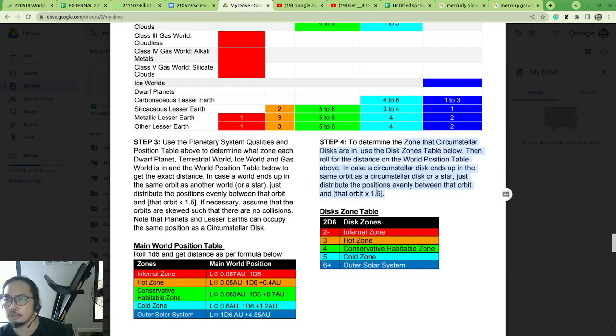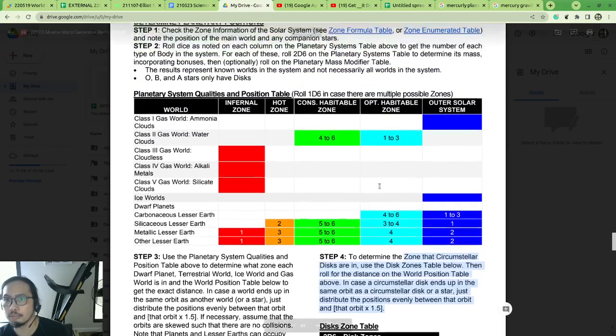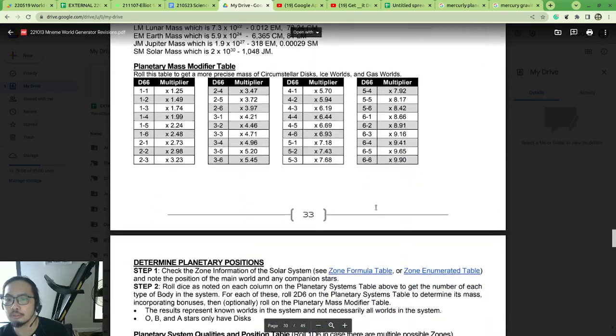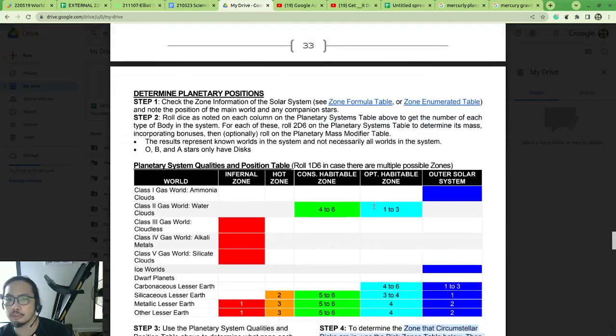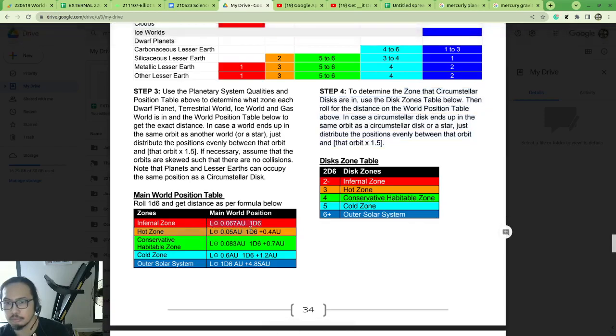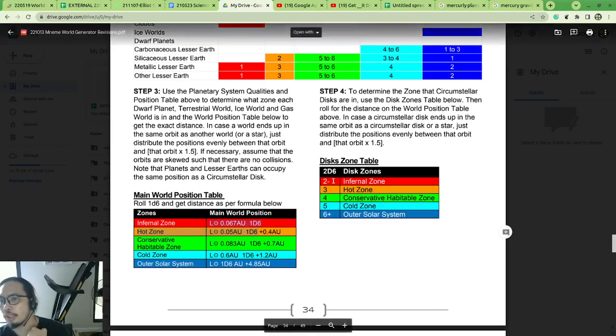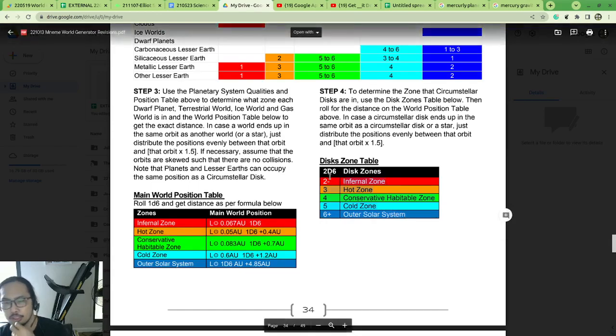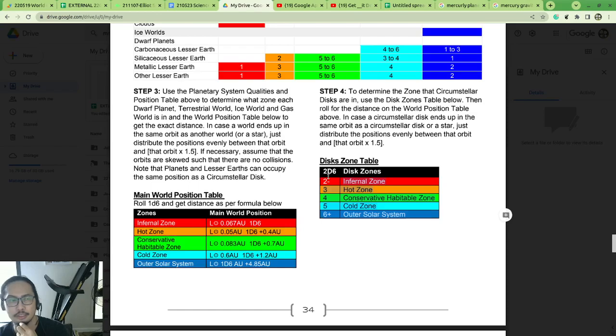To determine the zone that circumstellar disks are in, use the disk zone table below, then roll the distance on the world position table above. Oh yeah, roll 2d6 for this. I have to change that.